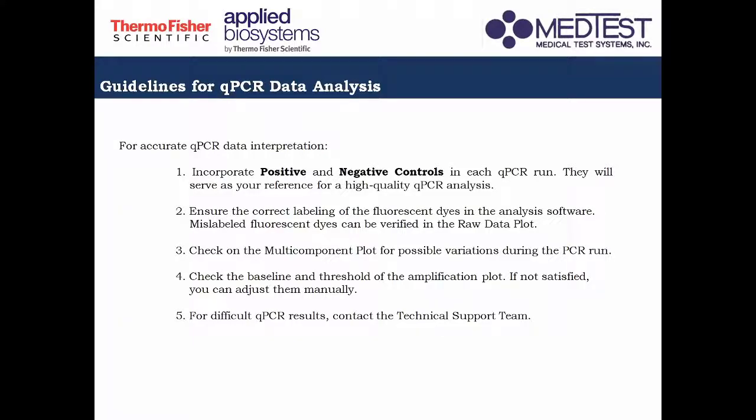But pag tiningnan nyo yung qPCR plot nyo or yung amplification plot nyo and you think na hindi siya maganda or hindi appropriate yung baselining values and the threshold na sinet nung software, you can adjust them manually. Provided that you also have a basis of why you adjusted them.